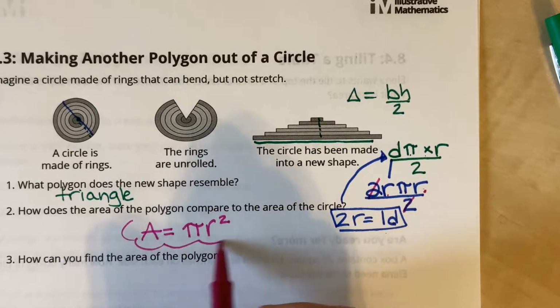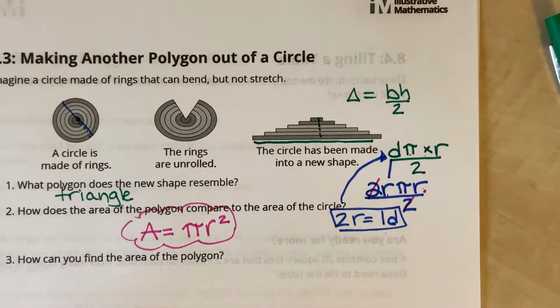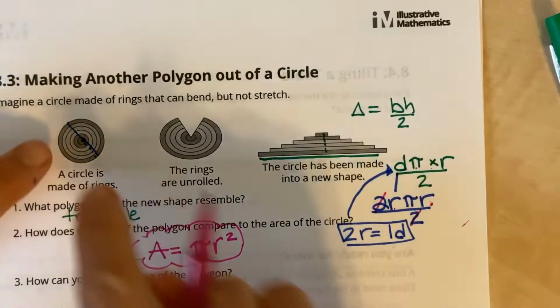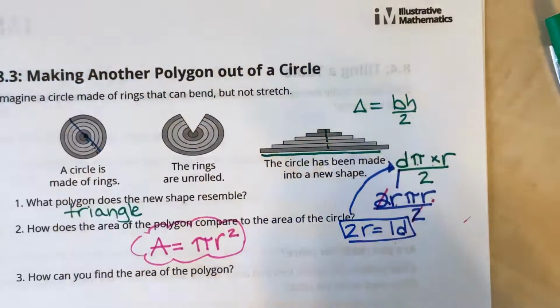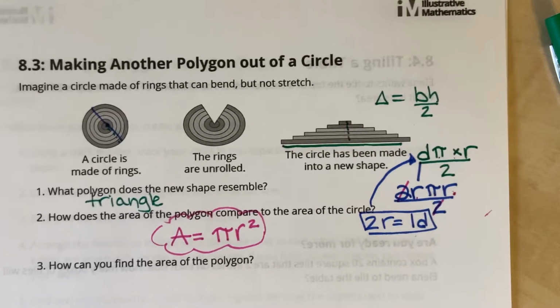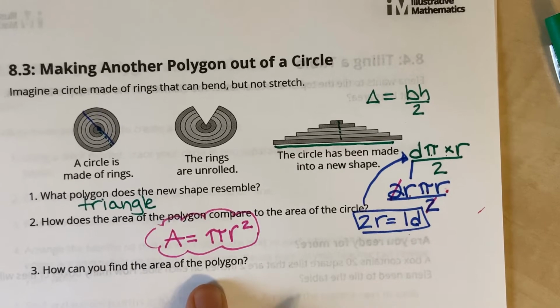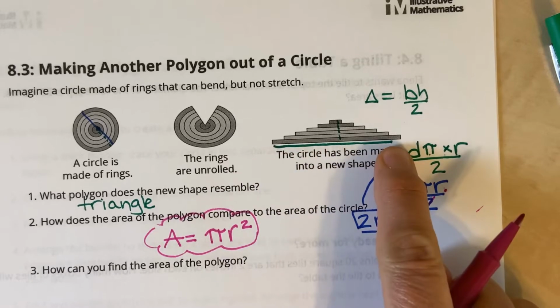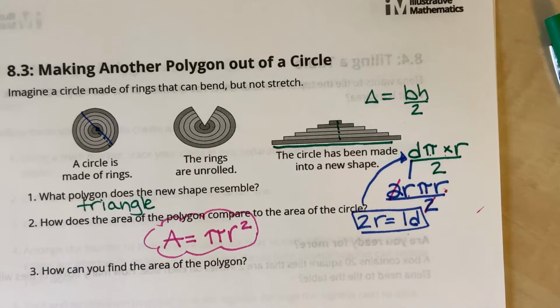This is the formula you're going to have to know, pi times the radius squared, okay? So it's pretty cool. I can find the area of a circle using a triangle formula, okay? So if I wanted to find the area of the polygon, I would have done base times height.